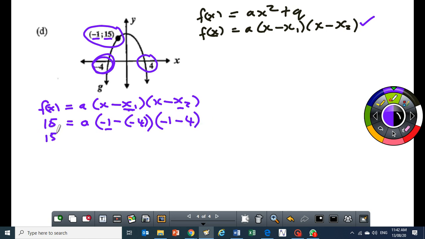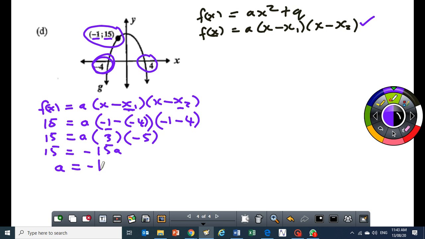Now, if you look at our graph, it has got a maximum turning point, which means it's a sad graph. It has a sad face. So our a must be negative. So we get a times 3 times minus 5. So this will give you 15 equal to minus 15a. So a will equal minus 1.